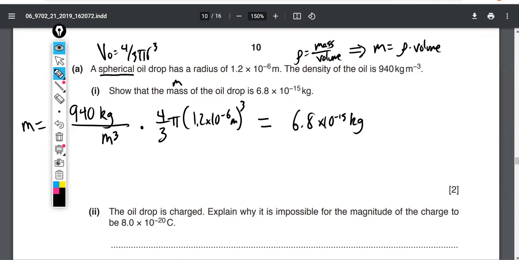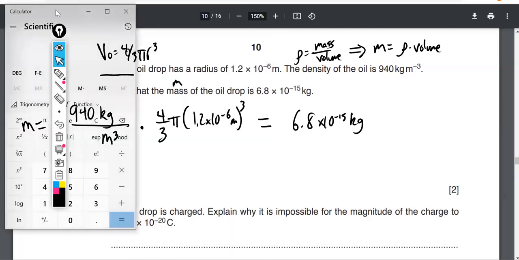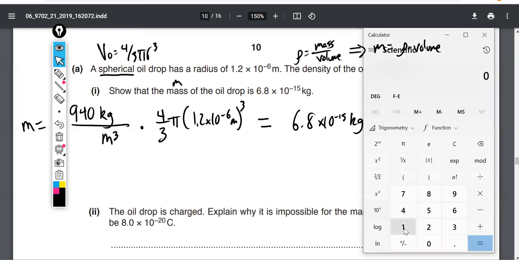I'm going to slide that over there. Cue up a calculator here on the screen and just show that to you. So 1.2 times 10 raised to the negative 6 is that number. And once we cube it, we get that.